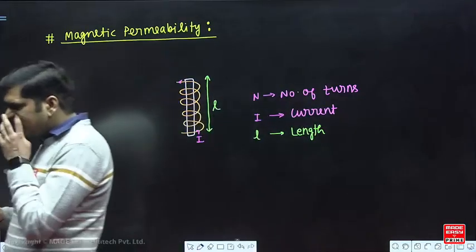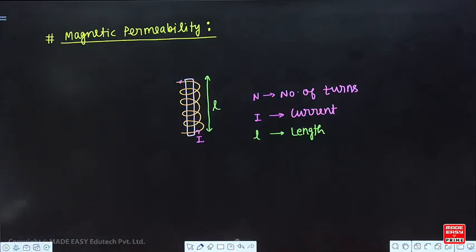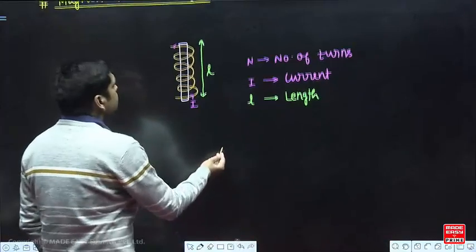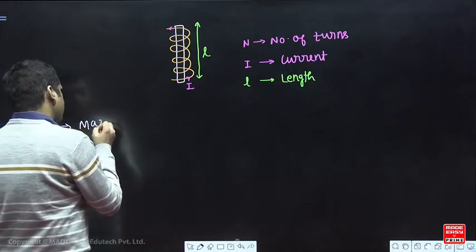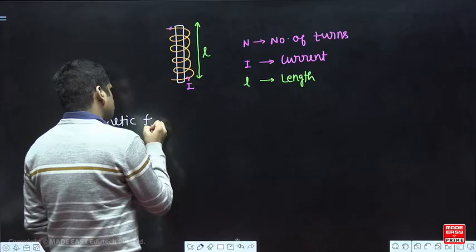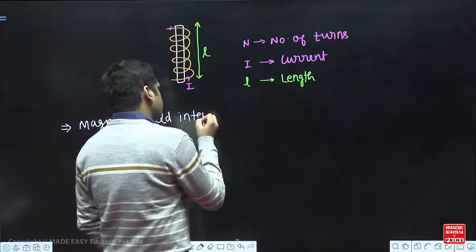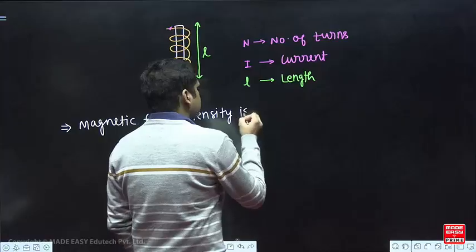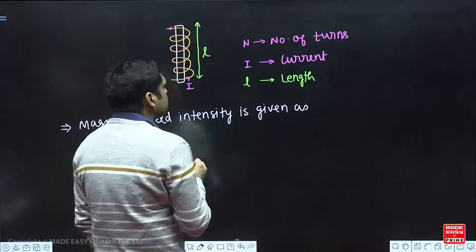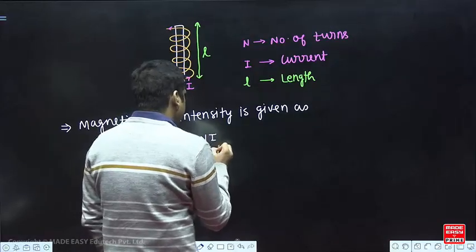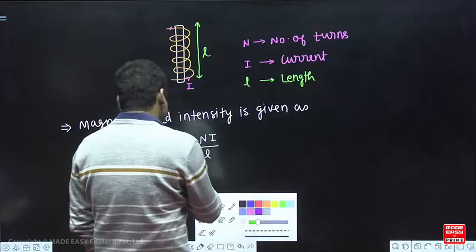Then because of this current, we will have a magnetic field, and that magnetic field intensity is defined as H is equal to N I upon L. This is N I upon L.